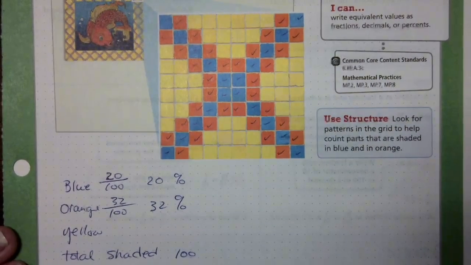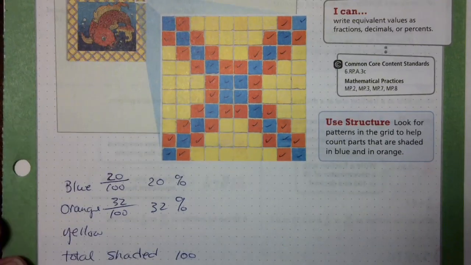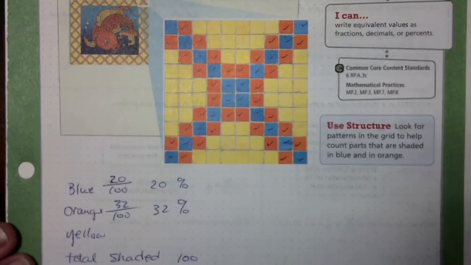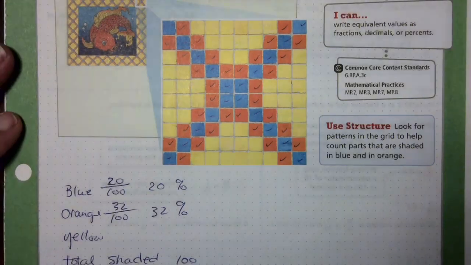It helps. Okay, I want you to count the yellow ones, marking them off quietly, silently to yourself, and I will do the same thing, and I will not count out loud and mess you up.